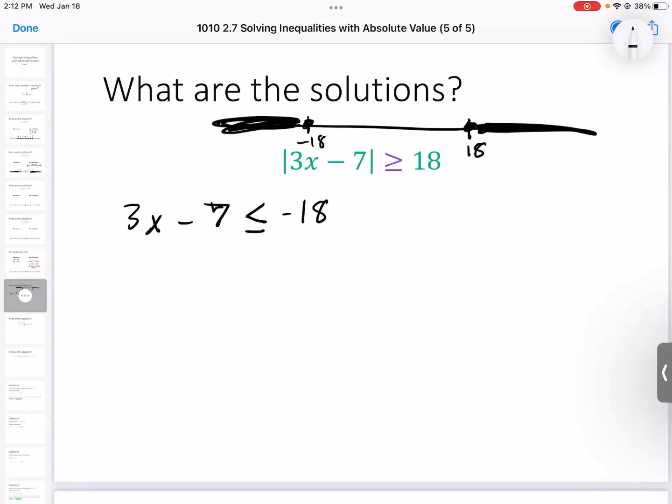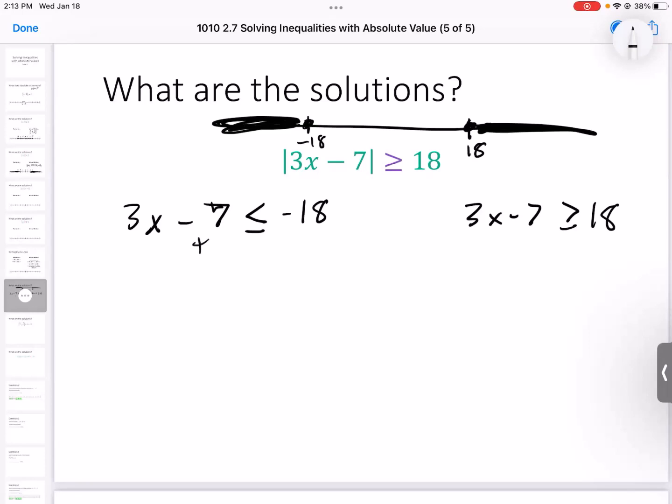And then on this part, I would say 3X minus 7 needs to be greater than or equal to positive 18, because I'm saying that this absolute value stuff needs to fit into one of these two sections on the number line. And this is essentially what you do to get rid of the absolute value lines. So now that the absolute values are gone, it's just a normal inequality and you can solve it from there.